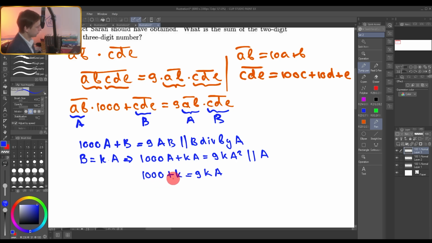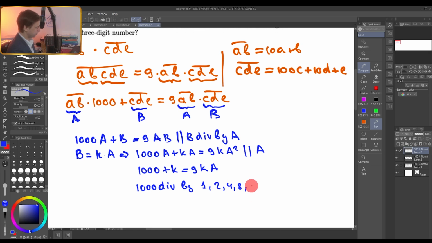So if we know that 1000 is divisible by K, then it provides us the range of possible values of K, because 1000 is only divisible by numbers like 1, maybe 2, 4, 8, not 16, probably 10, 20. I will just write some factors that are in my mind.